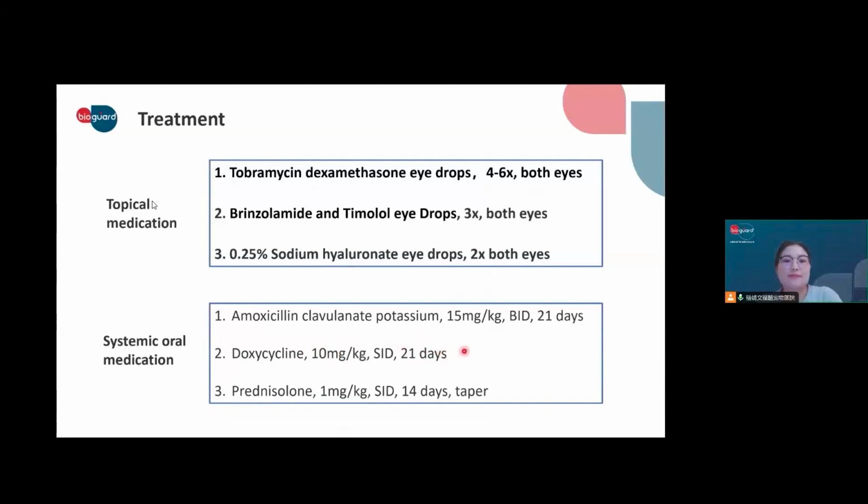That still led me to worry that there was an underlying disease. So I still gave him the antibiotics and prednisolone for more than 1 month.